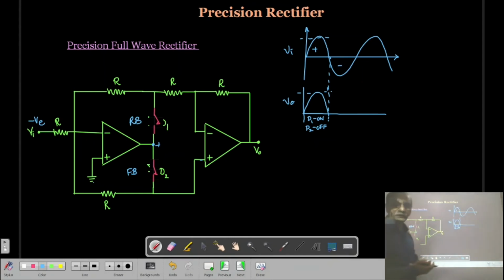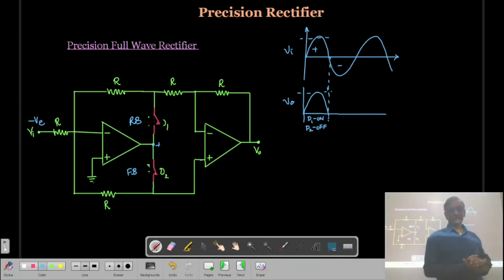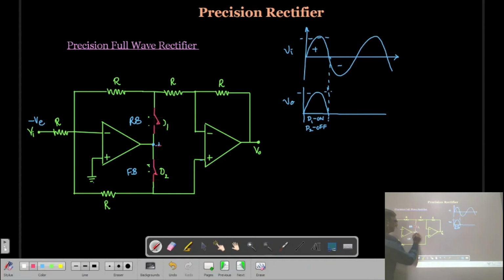Now, what will be the output voltage? So here we assume that there is a feedback. This is open, so we don't have to worry about this. But here we have some feedback. So let us consider that some voltage V is present at this point. We do not know it, we have to calculate it.